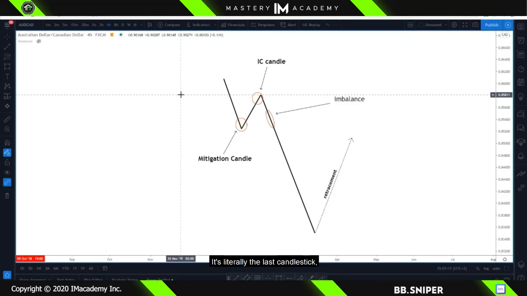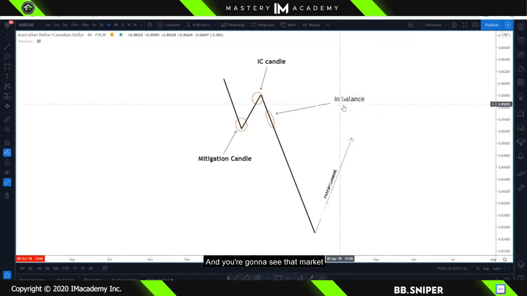It's literally the last bullish candlestick in this example before the market moves lower, right? And that's literally the candlestick that also exists at the top, right? Sometimes we're going to see the market just fill the imbalance that is going to be a little bit lower than the institutional candlestick, right?